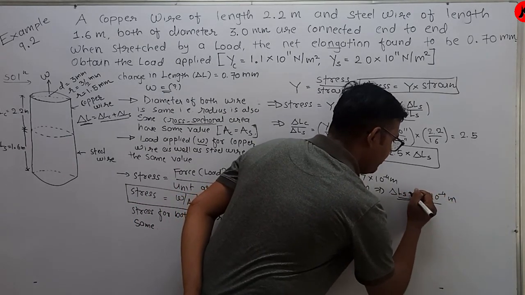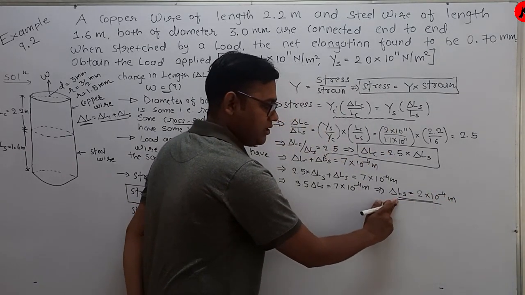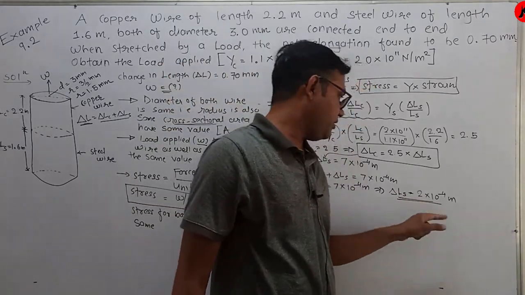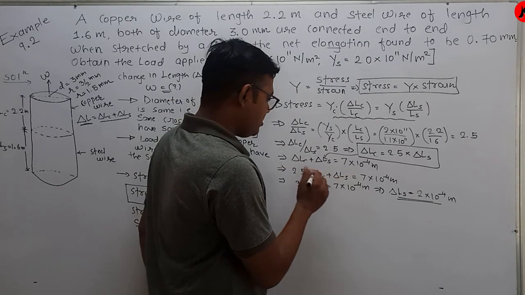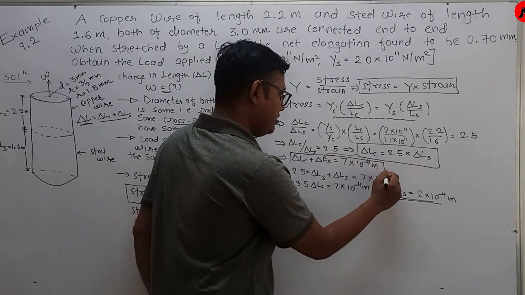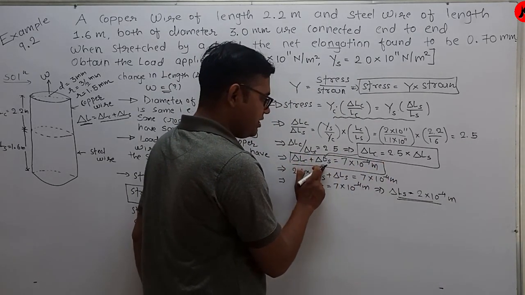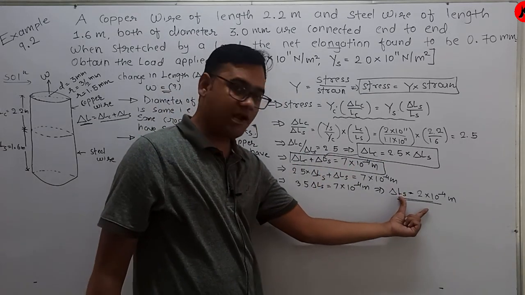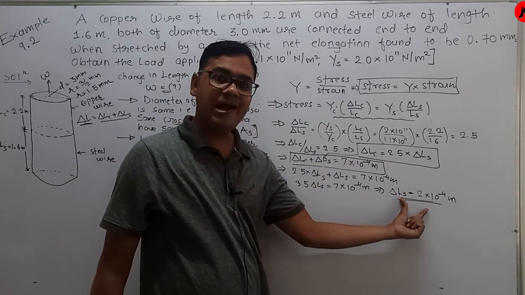So here we have calculated the value of delta LS, which is equal to 2 into 10 raised to minus 4 meter. We have one equation, delta LC plus delta LS equal to 7 into 10 raised to minus 4, and we have already calculated the value of delta LS.